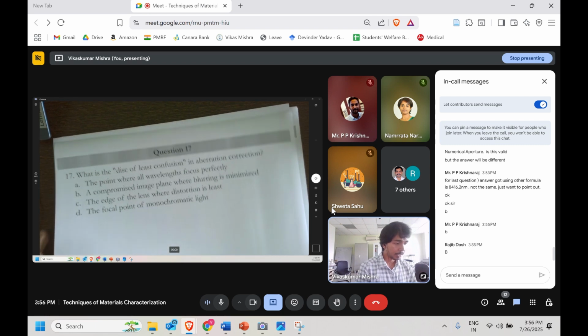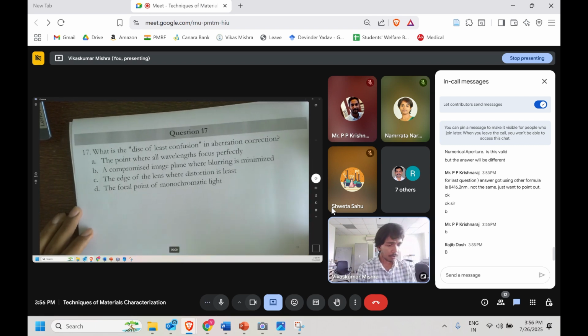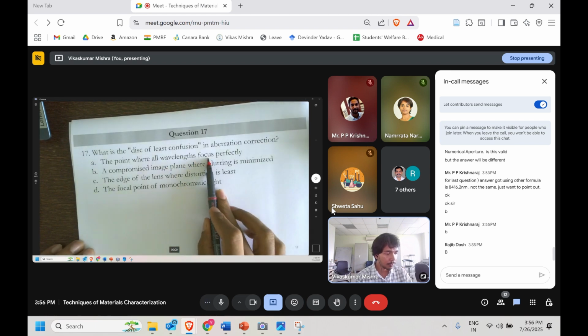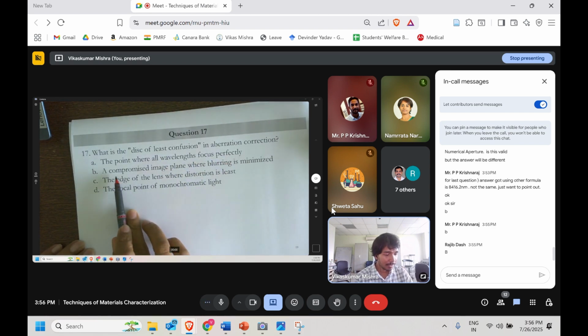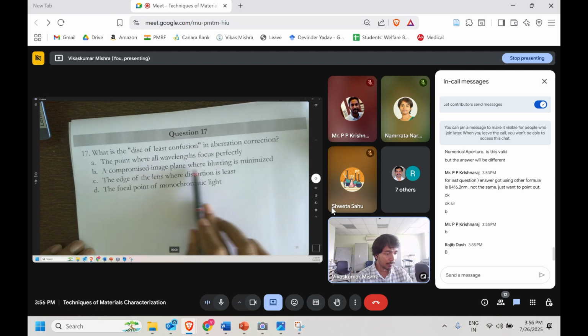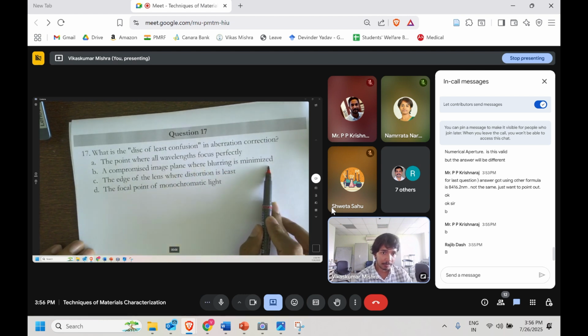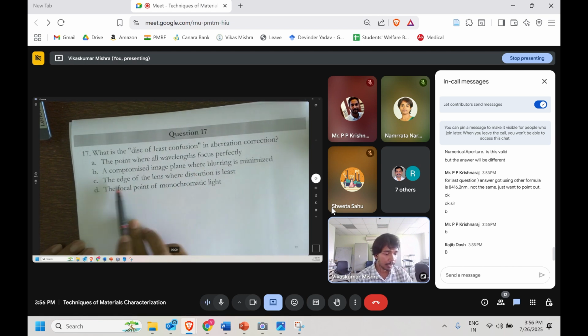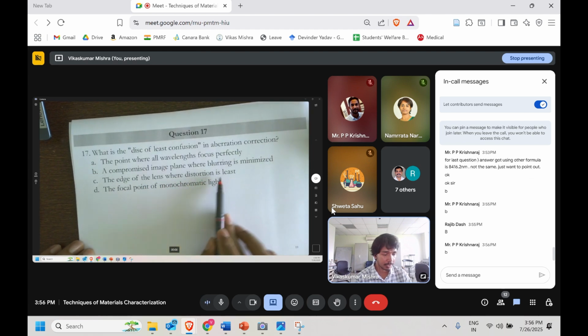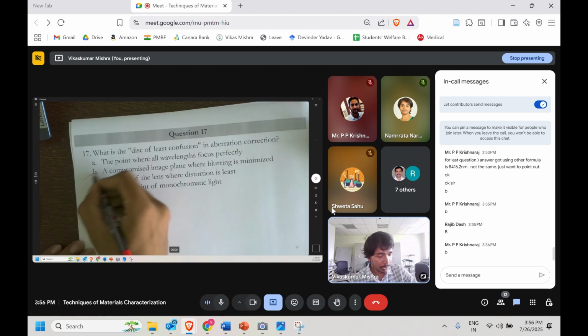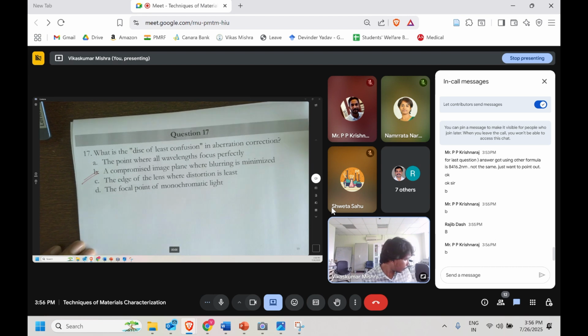Again, this is related to the aberration part which we have discussed. What is the disk of least confusion in the aberration correction? The point where all the wavelengths focus perfectly, a compromised image plane where the blurring is minimized, the edge of the lens where the distortion is least, the focal point of the monochromatic light. Right, so we know that option B is the right answer.